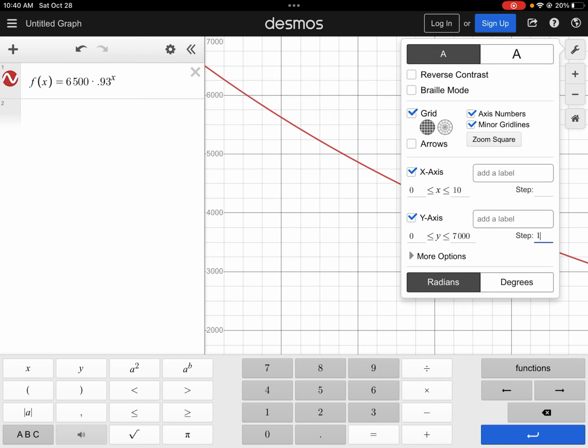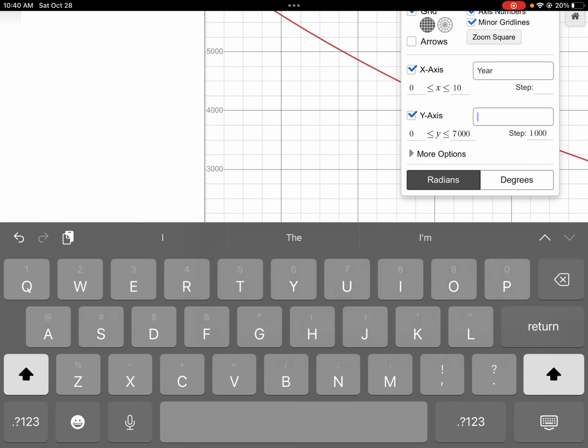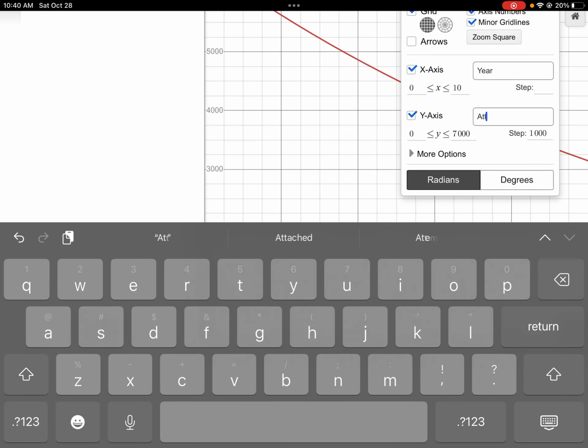Notice we can put a label on here. So I'll put time, or maybe I'll put year to label my x-axis. And I'll put attendance to label my y-axis.